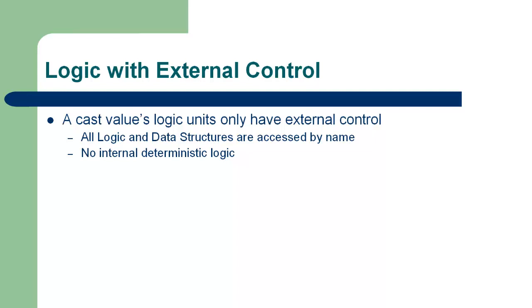For some reason it wants to go out and get another file. DXF is an AutoCAD drawing graphic. The logic of drawing should only be concerned with drawing, and anything that modifies or changes that should be external. We do it internally now way too often, and that causes internal logic dependencies, and it's the internal logic dependencies that we're trying to get rid of. And so we want no internal deterministic logic.